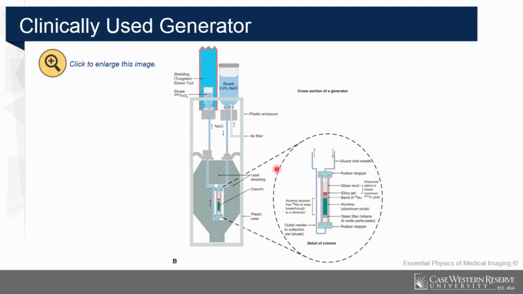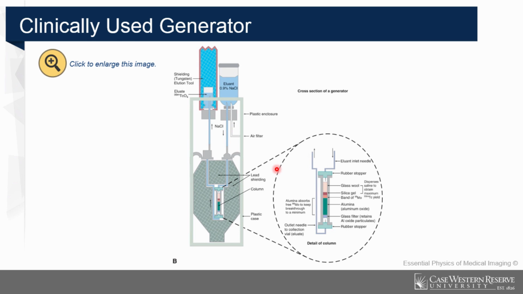Coming out of the nuclear reactor, we have molybdenum-99 and some of the iodines. So how are we going to use them within our clinic? Well, this is a generator which we have at our clinical department of nuclear medicine.